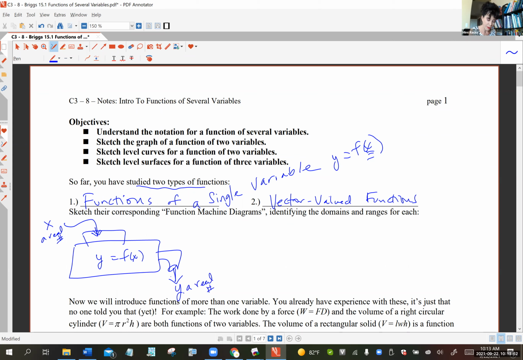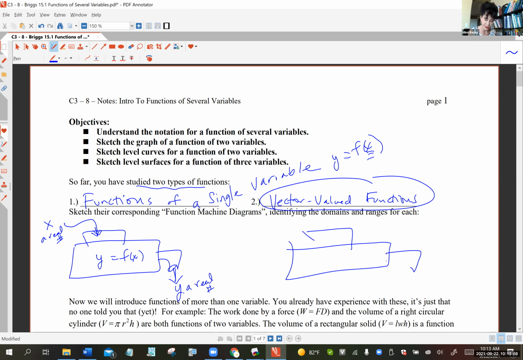Fine. Now, what about vector valued functions? So the function machine for those has a little bit different flavor. The notation is definitely different. We have a vector valued function, say r of t, and that has this notation: angular brackets, x of t, comma, y of t, comma, z of t. We'll do a 3-dimensional vector valued function, but you can have 2-dimensional.